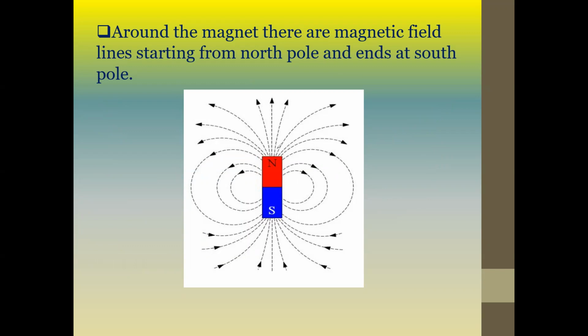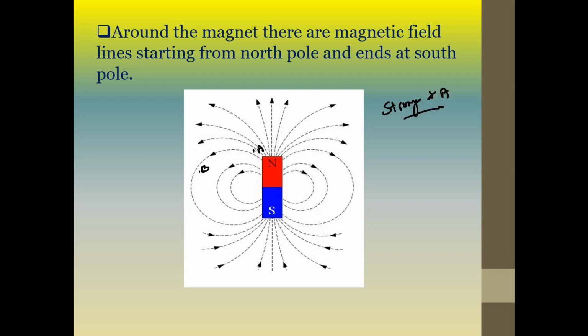So if I say I have two points, A and B, at which point is the magnetic field stronger? So it is stronger at A. Why is it stronger at A?